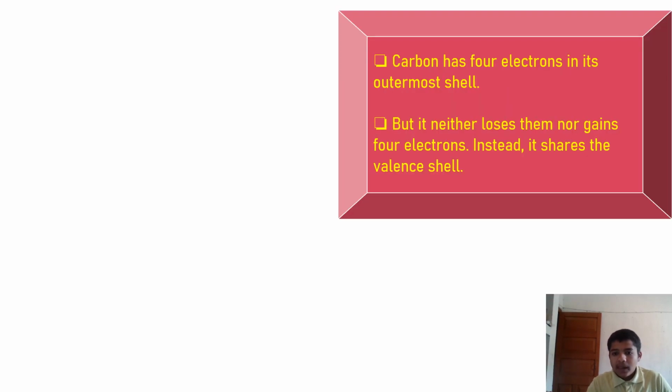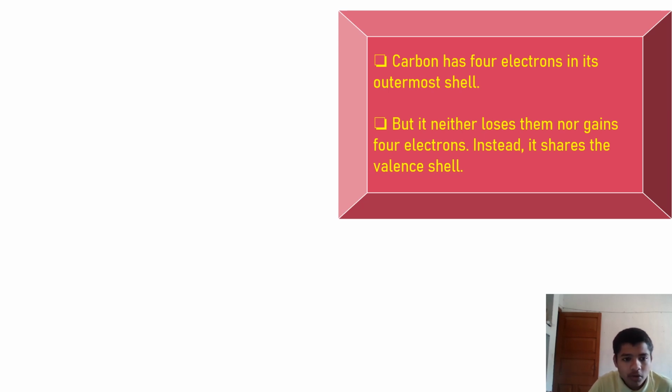Now let us see bonding in carbon. We have learned that carbon has 4 electrons in its outermost shell.